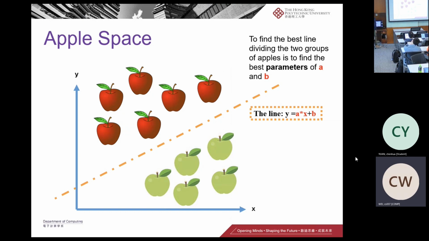The problem here is how can we find the best line which can separate those apples? Last time, when we were introducing SVM, we introduced one way to measure how good it is. That's the margin, the distance of the nearest sample to that boundary. We can use the margin to measure how good it is.